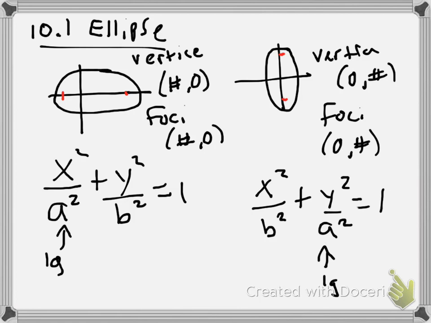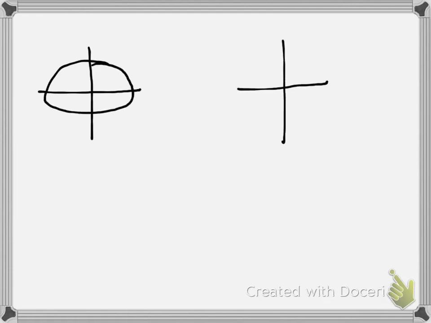So I'm going to look at some examples that I'm just going to go through and create with this. Okay, so let's say we're having it centered on the origin right now. So let's say I have one on there with my major axis on the x, and here's a major axis on the y. With this one, I know that it's going to be x squared plus y squared equals 1.